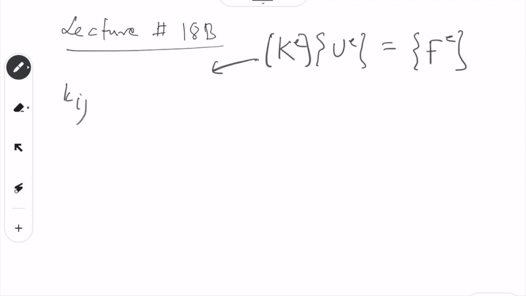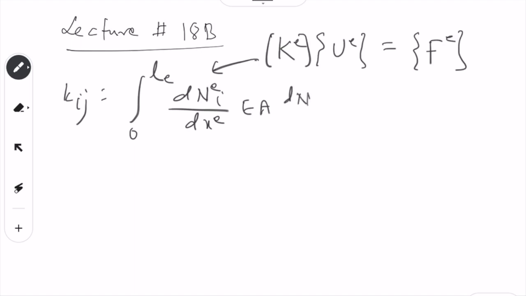for example Kij, it has to be integrated. So you have to write 0 to Le, and then we have here dNei/dxe multiplied by EA, dNej over dxe dx.